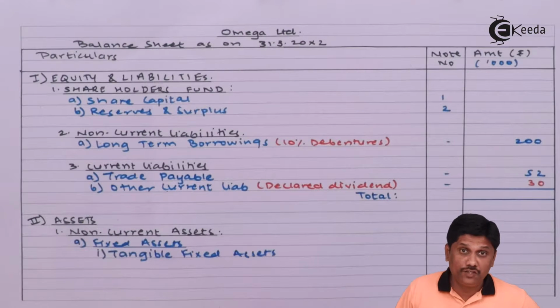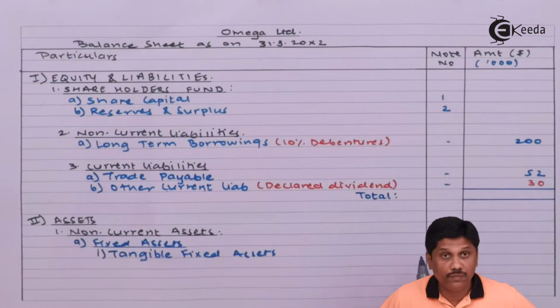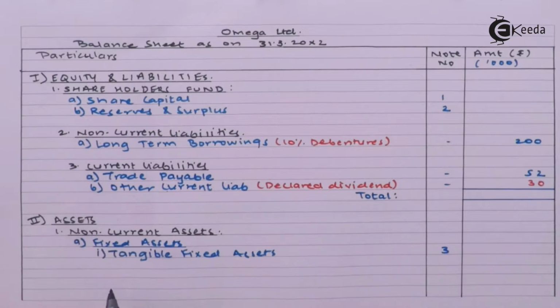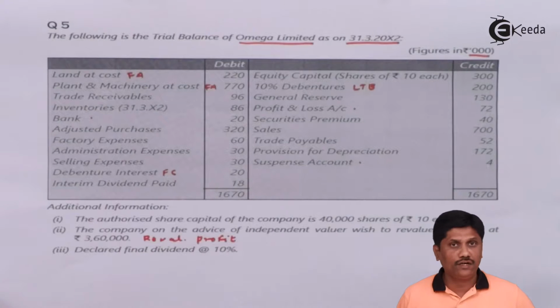There are various adjustments for tangible fixed assets, so we'll have a note for that, note number 3. We don't have intangible fixed asset. B is your investment. In the question, you can notice there are no investments or any other non-current asset to be shown. So that's it for your non-current assets.